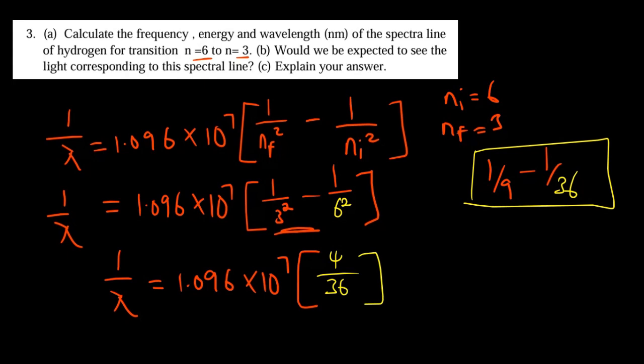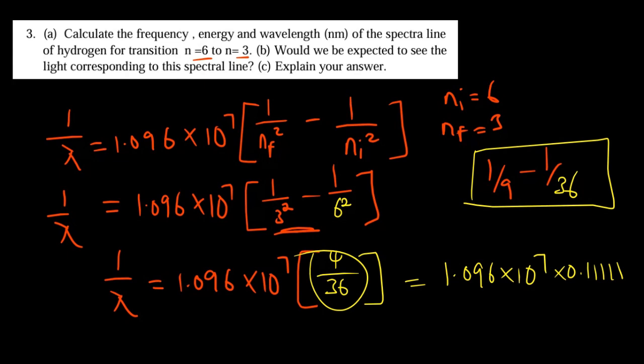And then from there, just multiply. So multiply this part with 4 over 36. So you can first divide 4 by 36. You should get 1.096 times. Okay, so let's divide this first. 4 divided by 36, I'm getting 0.11111, something like that.